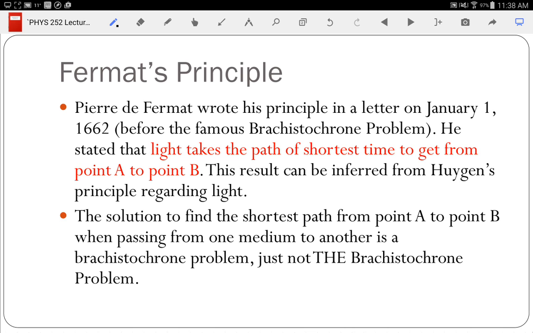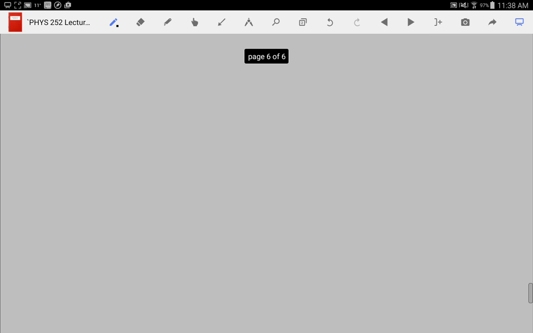So this was 1662, which if you put things in perspective, was before the problem of Bernoulli, but not by a lot. We're going to solve what path light will take using Fermat's principle and then compare it to see if that is what really happens. So we're really going to do some mathematical solution to see if Fermat was right. Now this is not Fermat's famous last principle. It's one of the earlier ones.